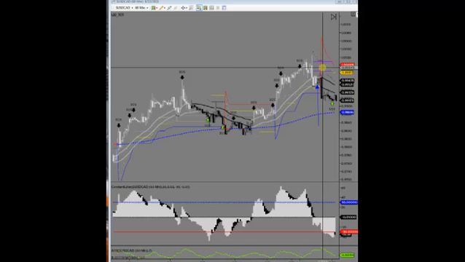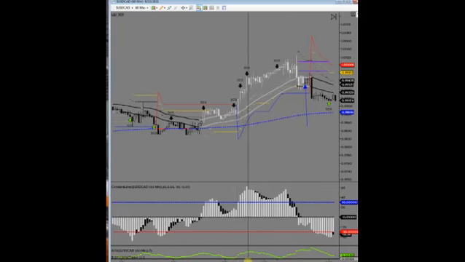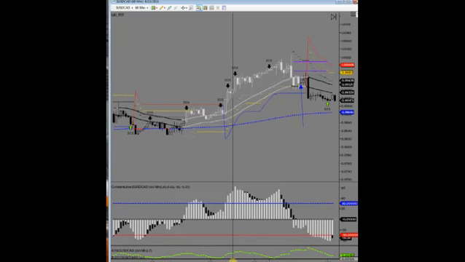Now, that leaves me with very little to look at as far as what could be done to improve this particular trading opportunity.